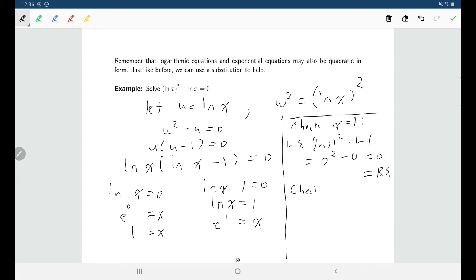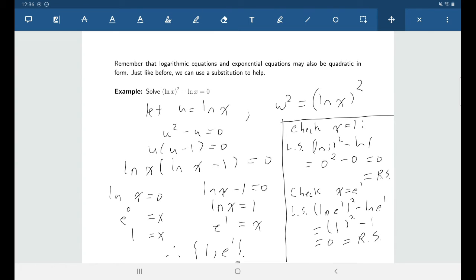If you check x is equal to e to the 1, then on the left side, you would have natural log of e to the 1 squared minus natural log of e to the 1. And we know natural log and e are inverses of each other, so natural log of e to the 1 is just 1. So we would have 1 squared minus 1, which is 0. And of course, that's also equal to the right side. So both of these turn out to be solutions. Both 1 and e to the 1 happen to be solutions of our original equation.